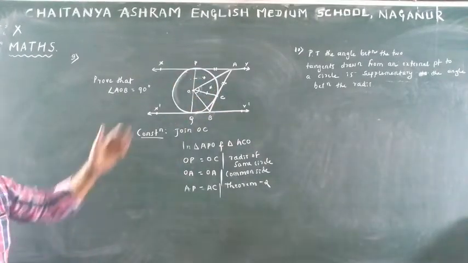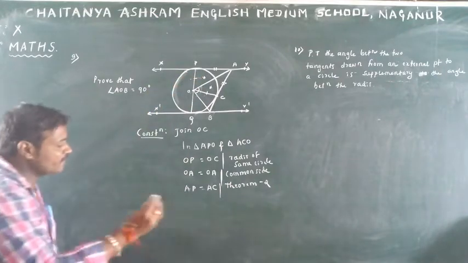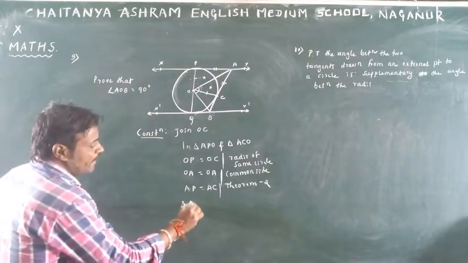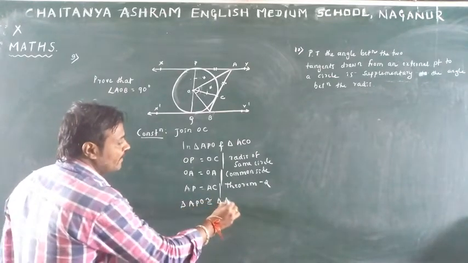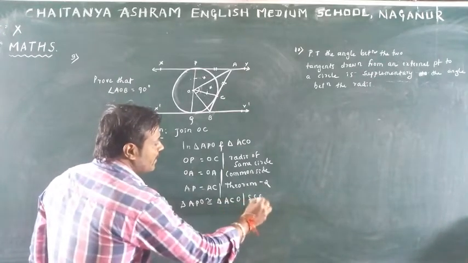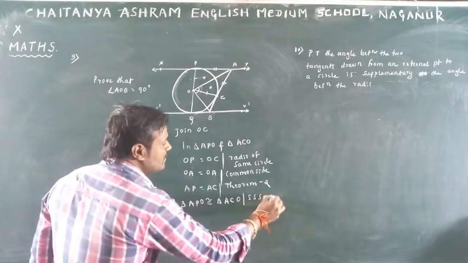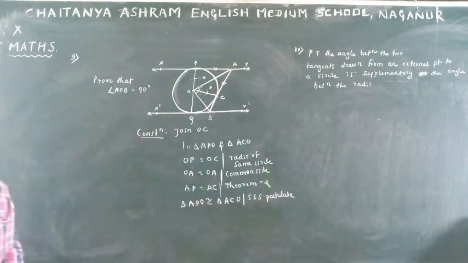Now I would like to say these two triangles are congruent. That is, triangle APO is congruent to triangle ACO because they obey the SSS congruency rule. Yes, SSS congruency postulate. What does it state?